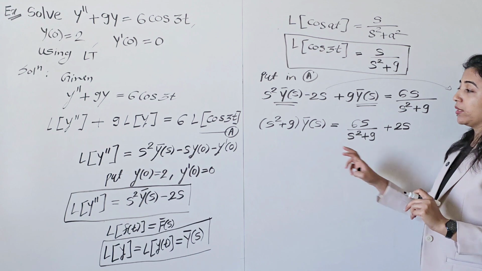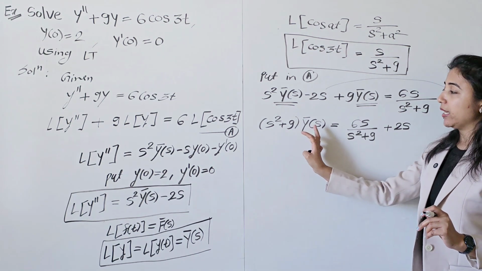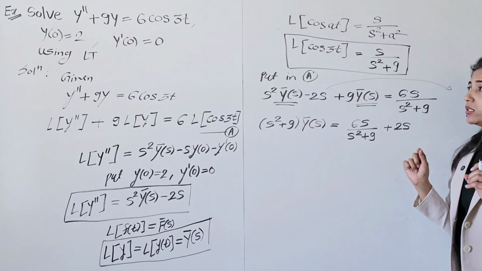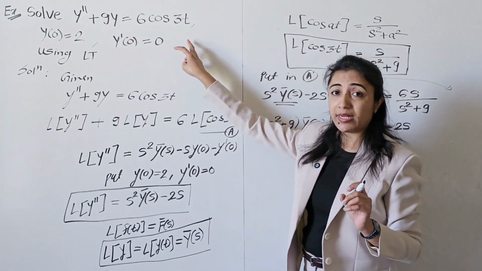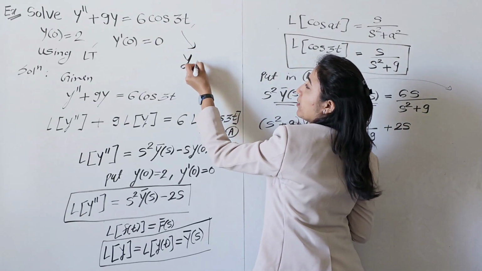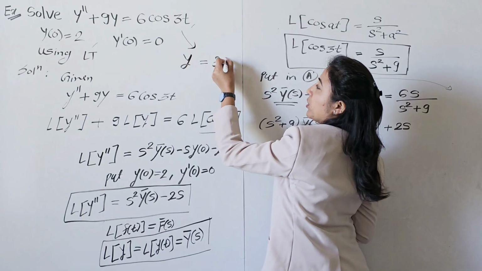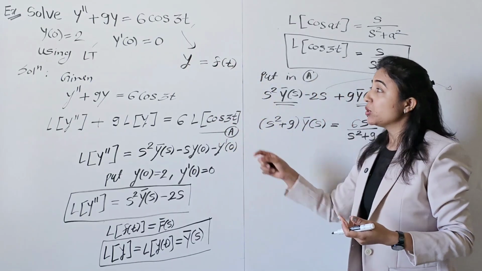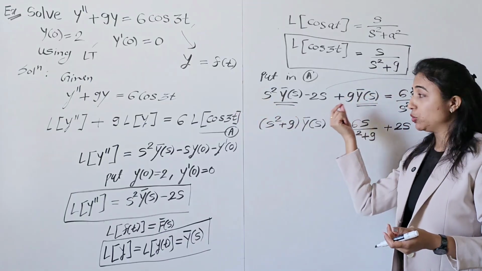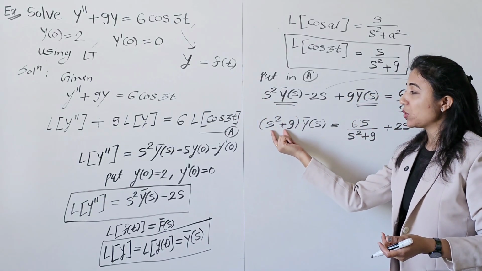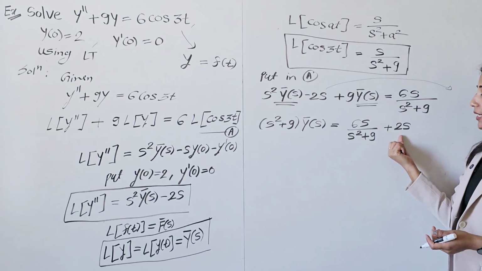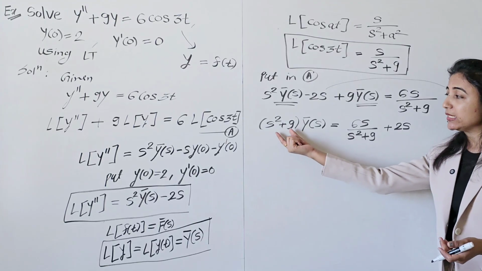Now in the next step, the extra quantity other than y bar of s you have to shift to the right side, because when we solve this differential equation we have to find a solution, and the solution is y in the form of a function of t. So we write y bar of s equal to every term. The s square plus 9 quantity is in multiplication, so on shifting to the right side it will be in division, and each term is divided by this bracket.